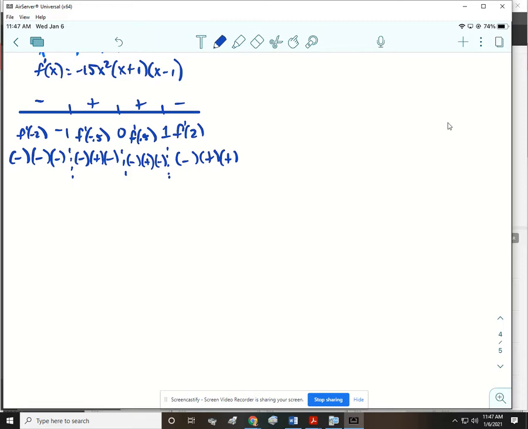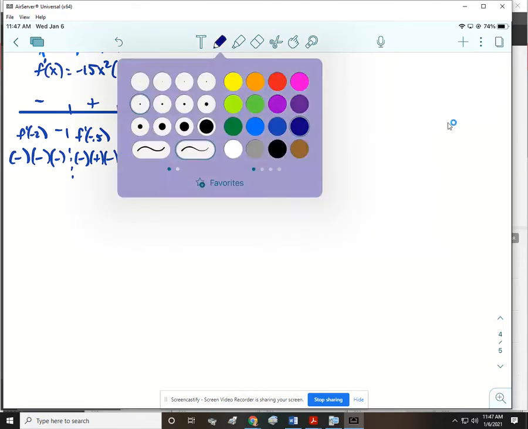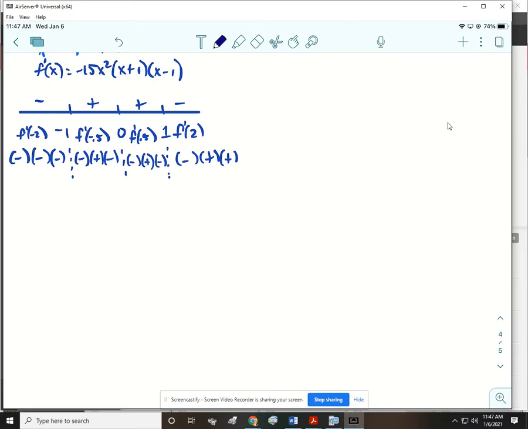Right, and then remember that a negative first derivative means the function is decreasing. A positive first derivative means the function is increasing. So we would say f of x is increasing, and we could go all the way from -1 to 1, or we could break it up.